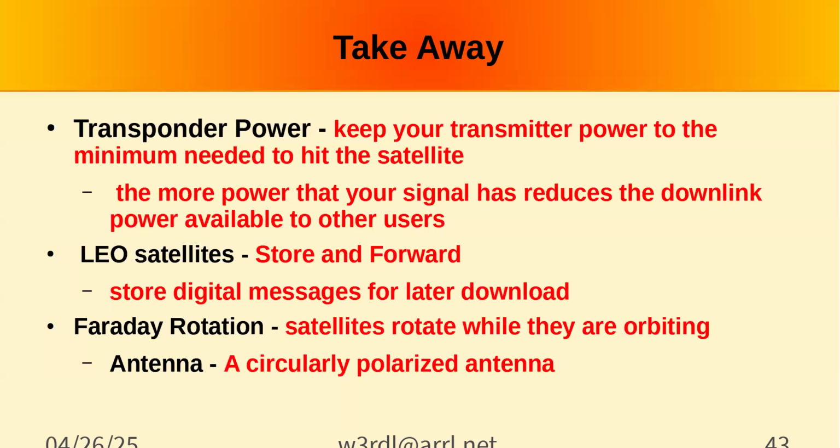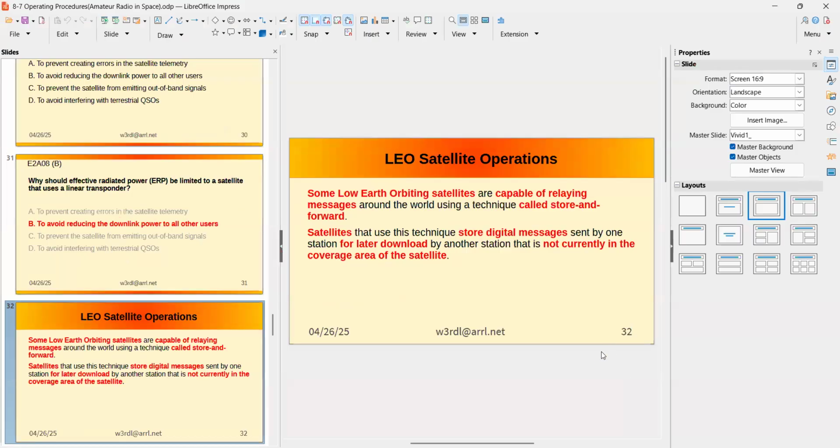You don't have much time to make a connection. Pretty much send a message and wait for the other guy to see it. And Faraday rotation, because satellites are rotating, and you use a circularly polarized antenna.